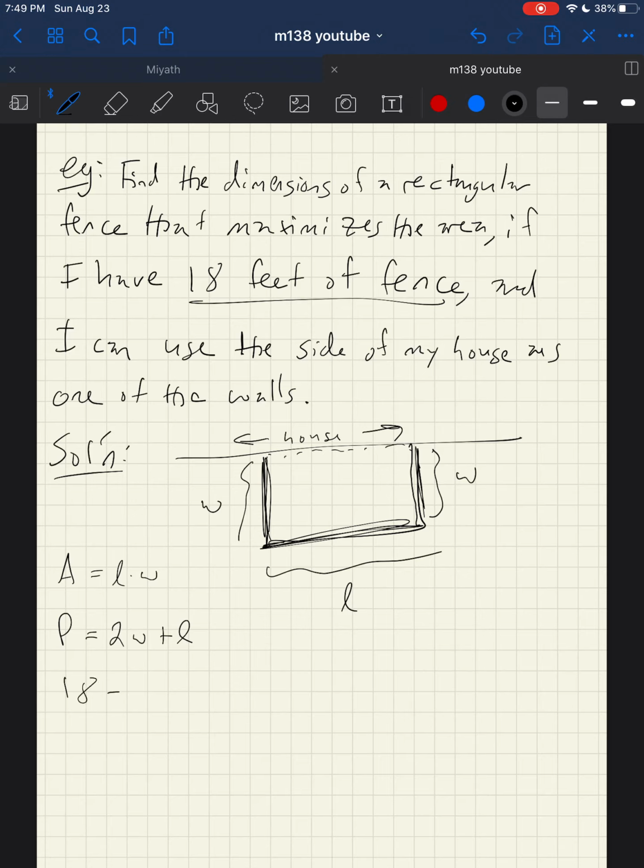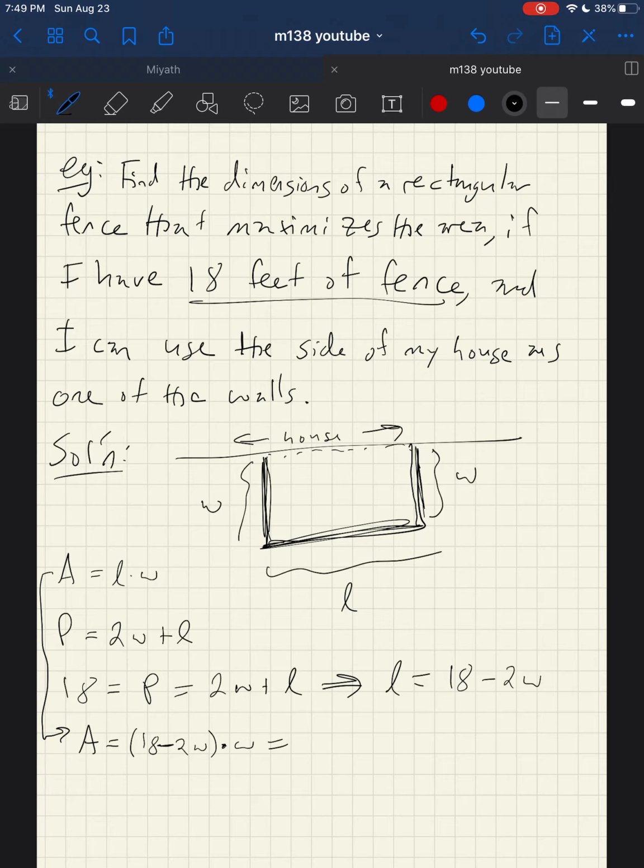So we have 18 equals P equals 2W plus L. And I can solve this for L. So I get that L equals 18 minus 2W. And now I know the area in terms of L and W, but I can write L in terms of W, so I get that the area is equal to L, which is 18 minus 2W, times W. So that's times, that's minus.